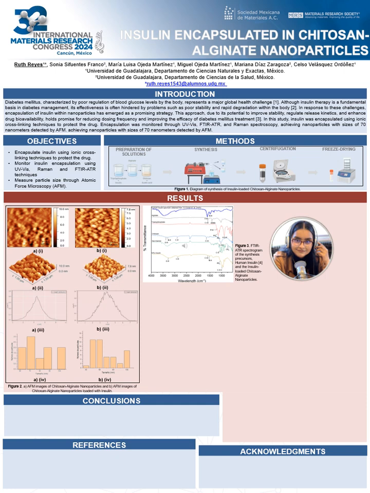And if we analyze the spectrum of the nanoparticles, we see a peak corresponding to the C=O double bond. But it's not very clear because it overlaps with the C=O double bonds of alginate and chitosan. Therefore, we need other techniques to confirm that insulin is indeed encapsulated.